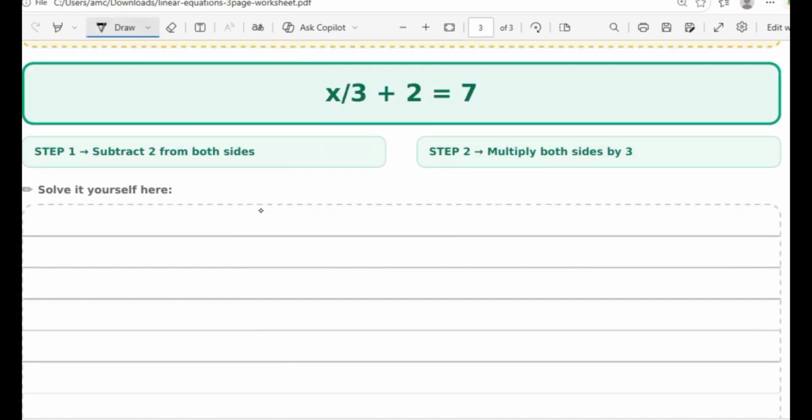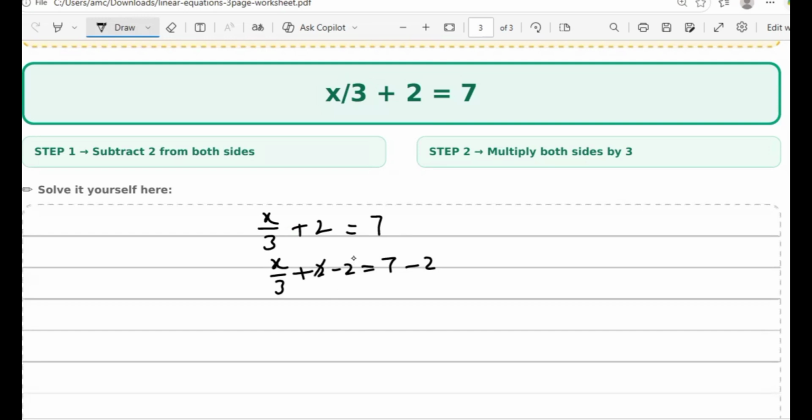Now we take another example with fractions. Our equation is x over 3 plus 2 is equal to 7. First of all, we need to remove this 2 from both sides. To remove this 2, we subtract 2 from both sides. First we write down the equation, and we subtract 2 from the other side as well.